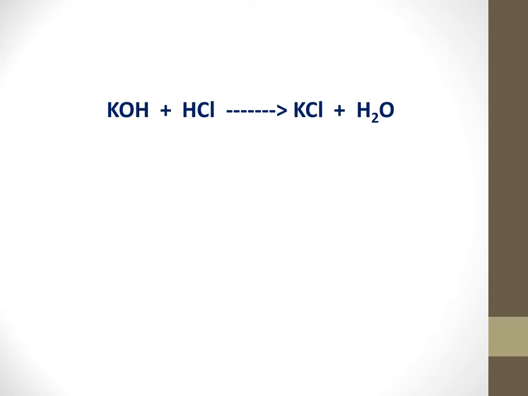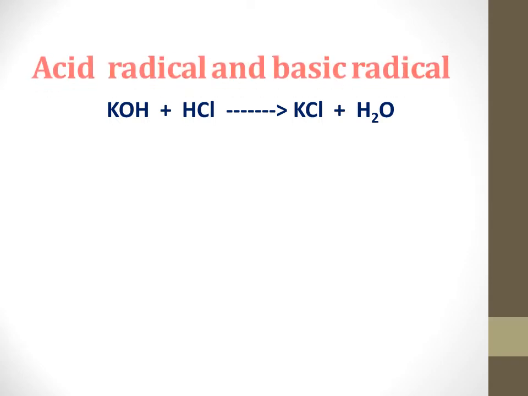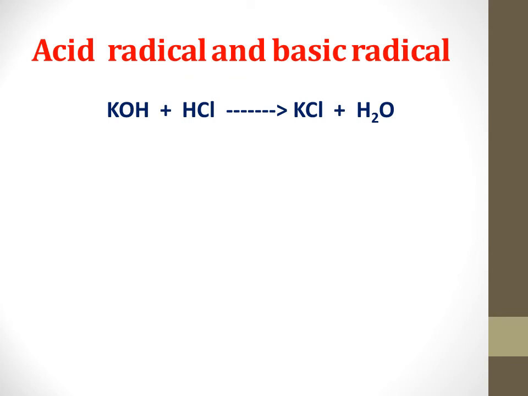Now in the formation of potassium chloride, the potassium radical has been contributed by the base potassium hydroxide and is therefore called a basic radical, while the chloride radical has been contributed by hydrochloric acid and is therefore termed an acid radical. So in the salt potassium chloride we have two radicals.